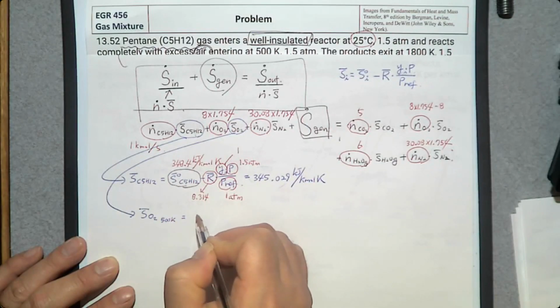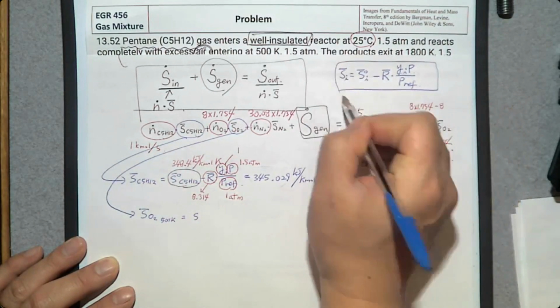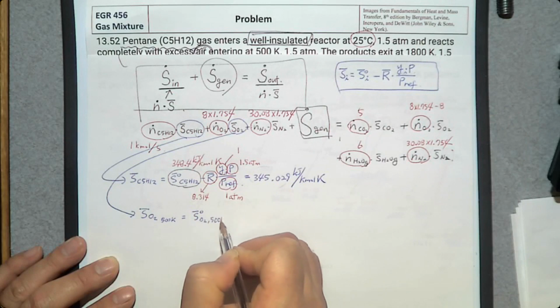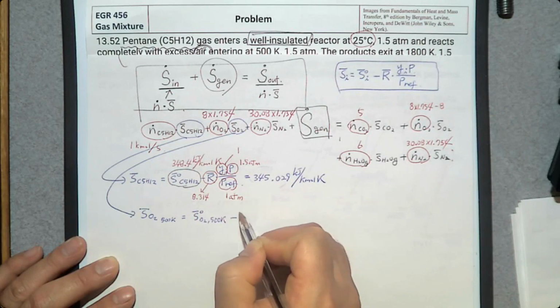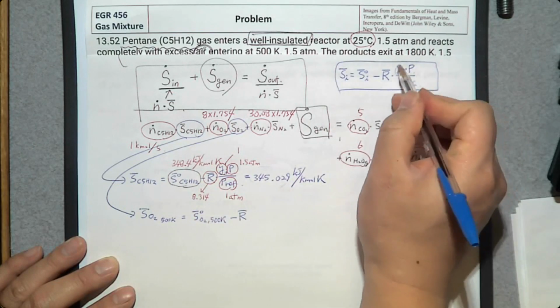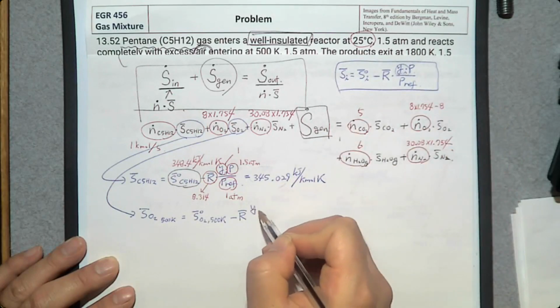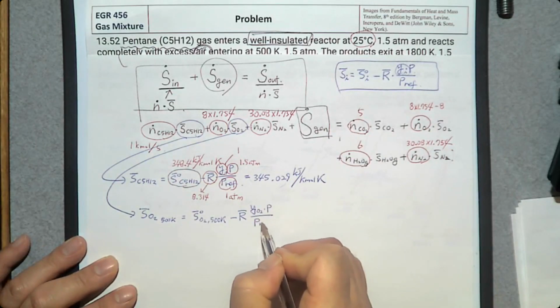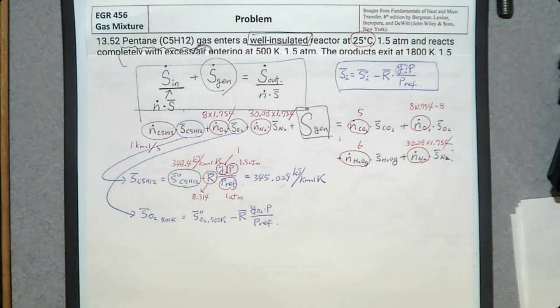So how do we determine that? The same rule. S bar degree of oxygen at 500 Kelvin, minus gas constant R, mole fraction Y of oxygen times the pressure at the inlet divided by the reference pressure, which is 1 atm.